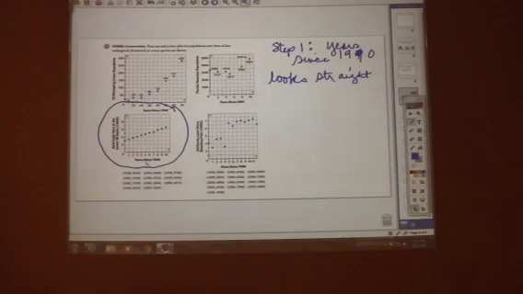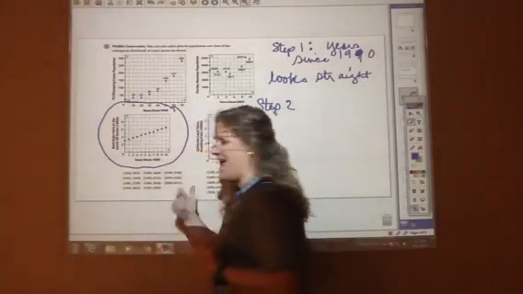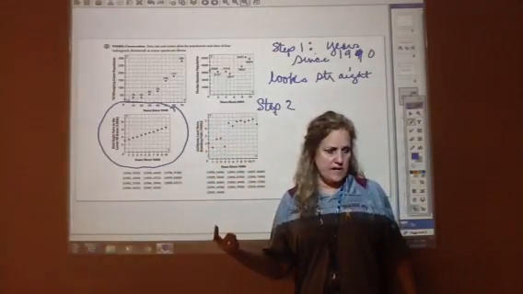All right, step 2 says, enter the data for your choice into your graphing calculator into lists and perform linear regression. So here's what you're going to do. Go to your calculator and go to Stat Edit, just like we did yesterday.